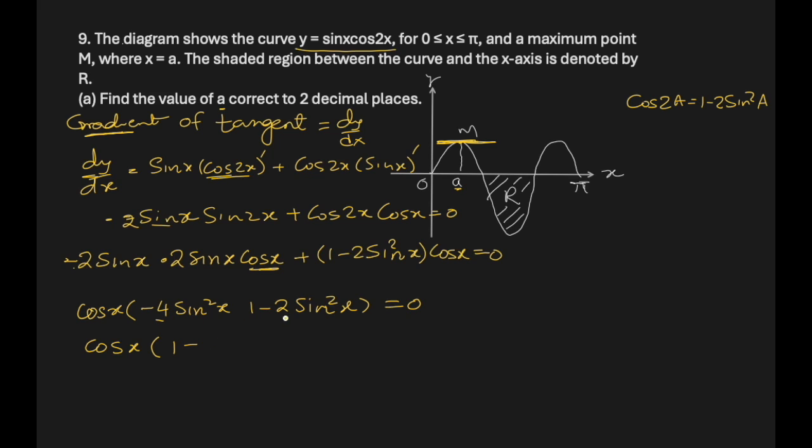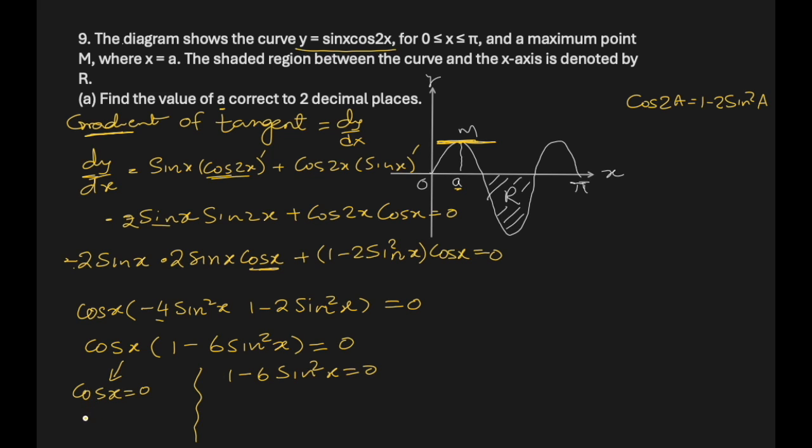Here it will be minus 4 and minus 2, both of them are sine square, so it becomes 1 minus 6 sine square x equal to 0. Alright, so if both are multiplying to 0, that means either cos x equal to 0, or 1 minus 6 sine square x equal to 0.